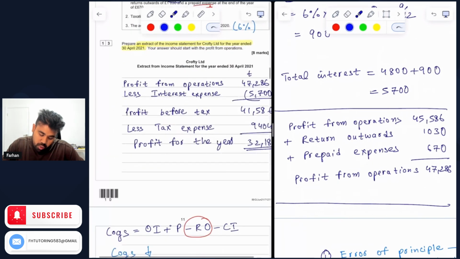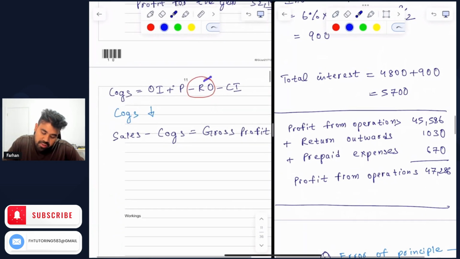If we were to include £1,030 for return outwards, we would be subtracting more, because return outwards is subtracted within the formula for cost of goods sold. That automatically decreases the value for cost of goods sold.